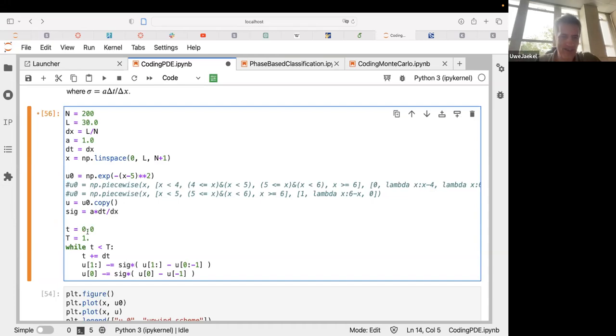Now while the current time is less than 1, we update the time by adding time step dt. I guess you know this shorthand: it is a shorthand for t equals t plus dt. It's nicer to write it this way.